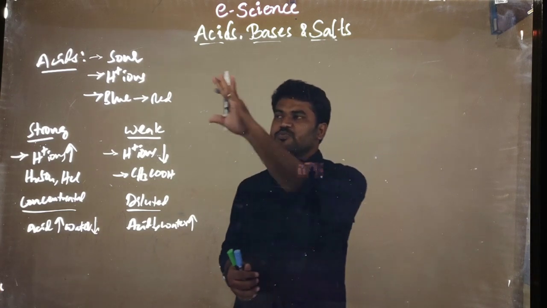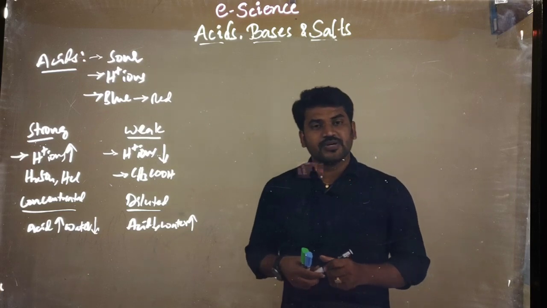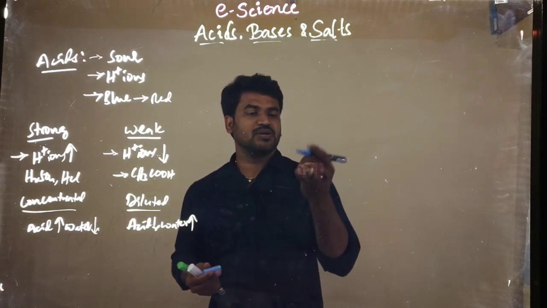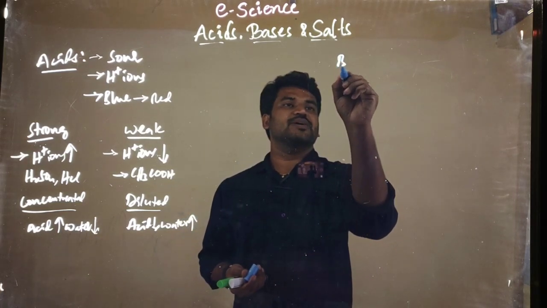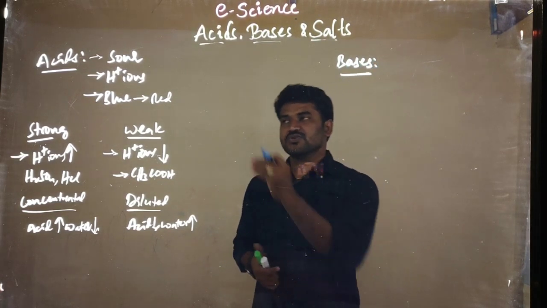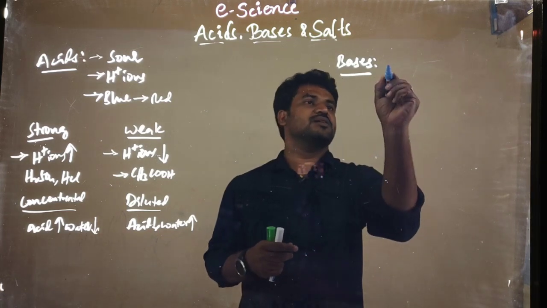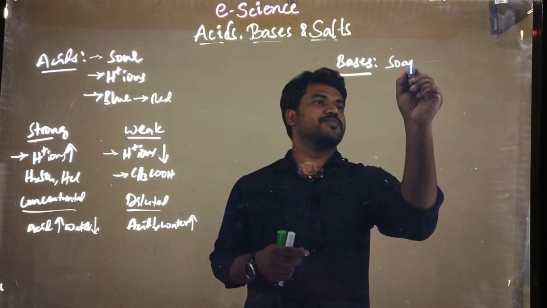So those are the properties of acids. Let us discuss the properties of bases. What are bases and how are they? Acids are sour in taste, and bases are soapy to touch.